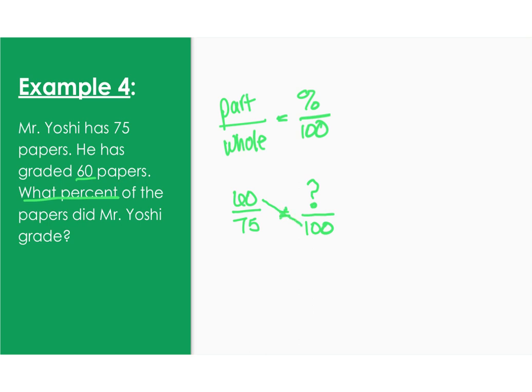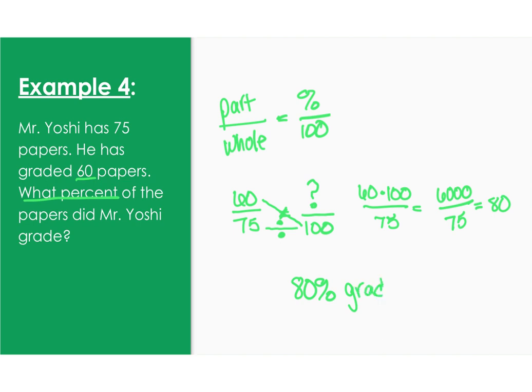You can just make this into a little times symbol. And then you will go over and divide by what's left. So it's going to be 60 times 100 divided by 75, which equals 80. So he has graded 80% of his papers.